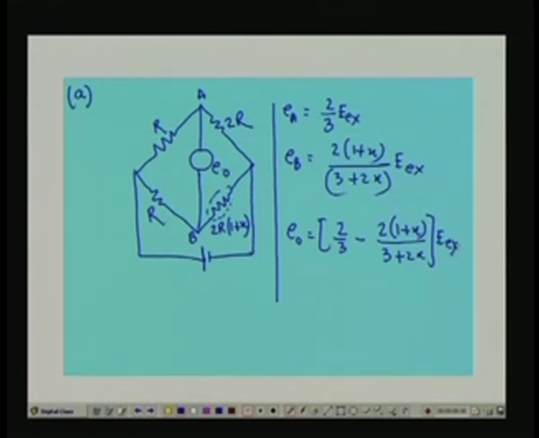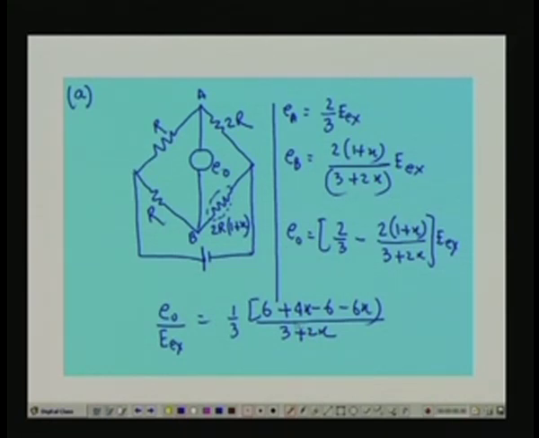So, I can write the output voltage by the excitation as 1 by 3 times (6 plus 4x minus 6 minus 6x) upon (3 plus 2x).